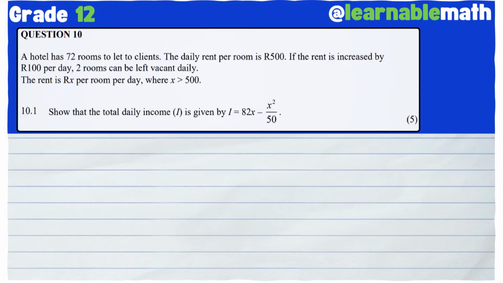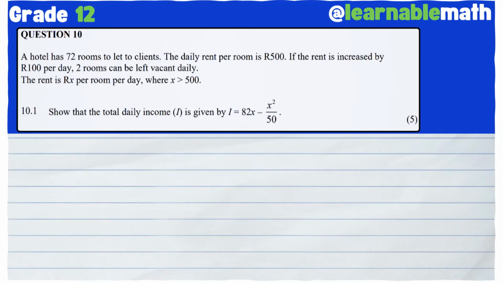They are saying a hotel has 72 rooms to let to clients. The daily rent per room is 500 rand. So we do know that the rent is 500. If the rent is increased by 100 rand per day, there's something interesting happening here.